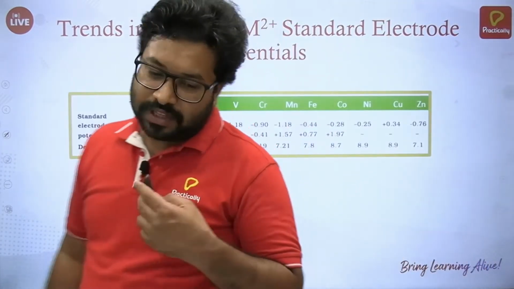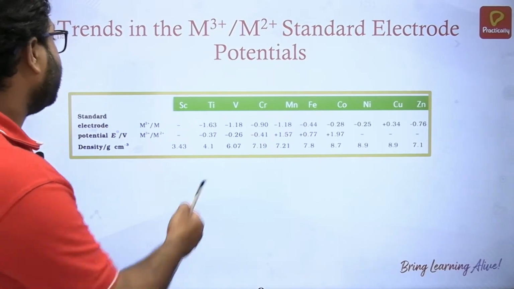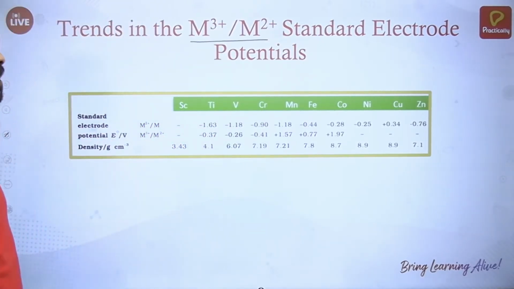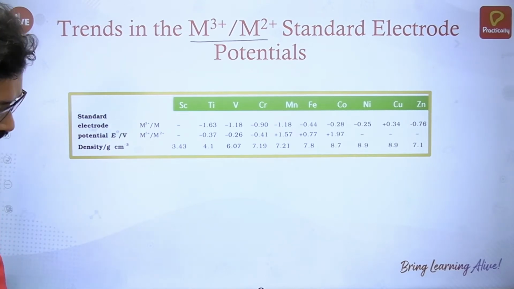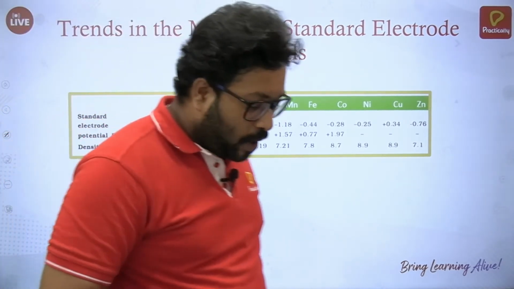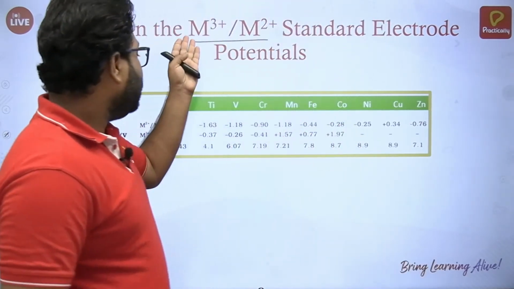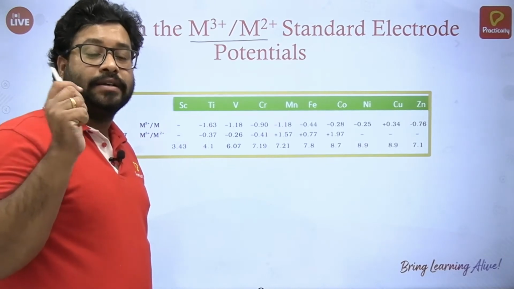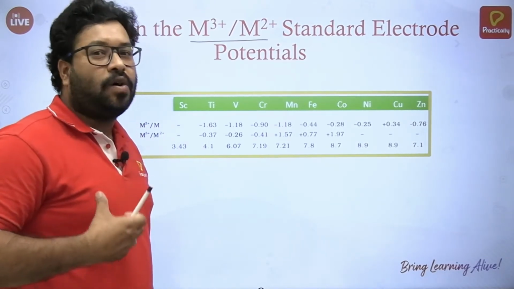Okay, now the next thing, trends in M3+ to M2+. So basically your metal is getting reduced here. So when your metal is getting reduced here, what would it do? It will oxidize the other compound. Okay, so this metal is getting reduced, but it is oxidizing another compound. So I can call that the oxidizing power.